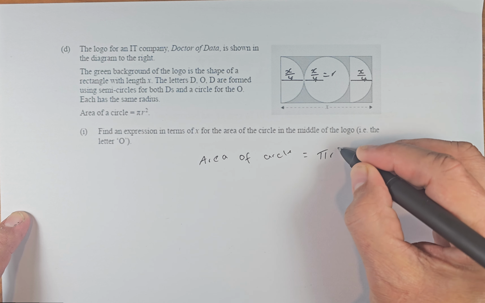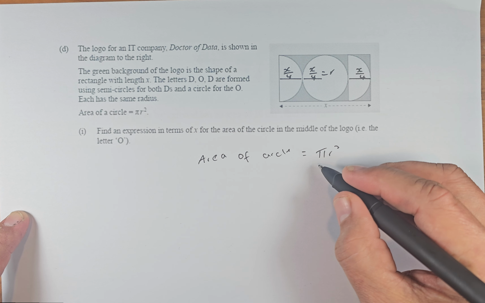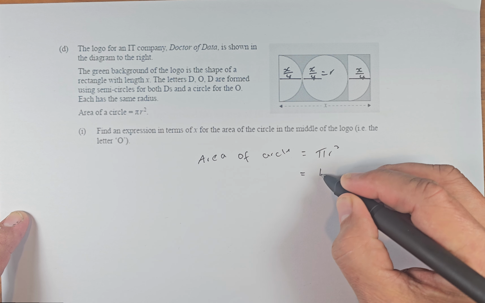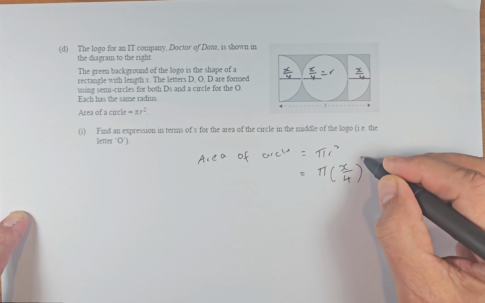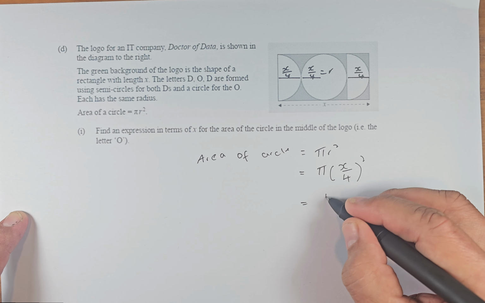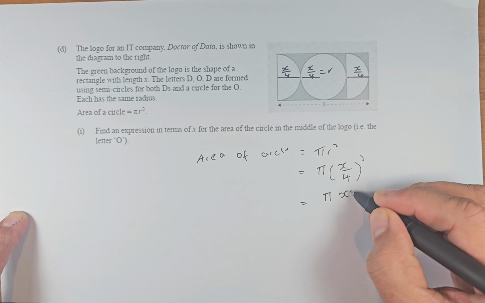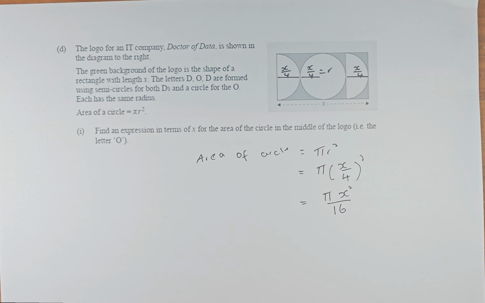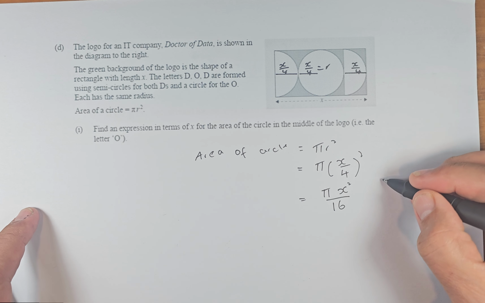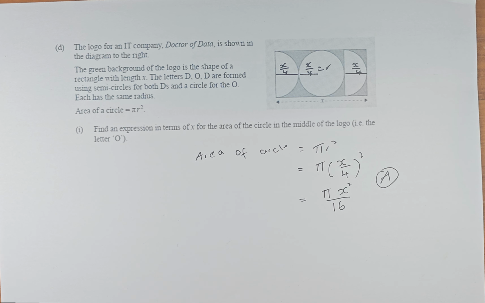Now we know the radius is x over 4, so it's going to be pi times x over 4 squared, which is pi x squared over 4 squared, or 16. That is the question you need to answer, and that is an achieved question.